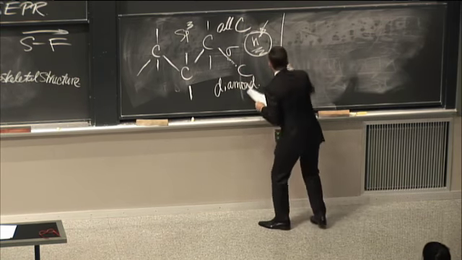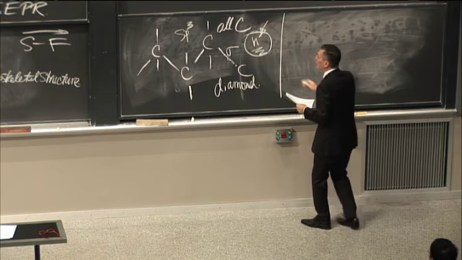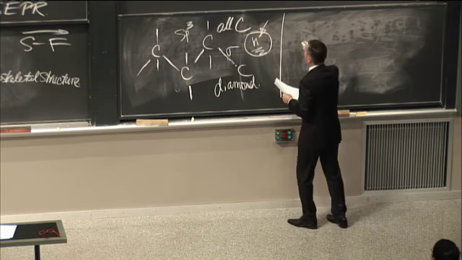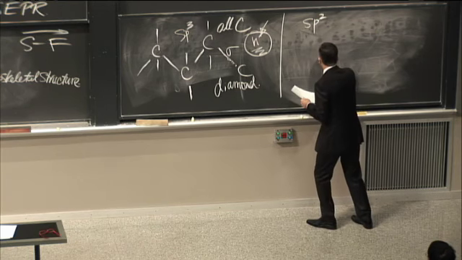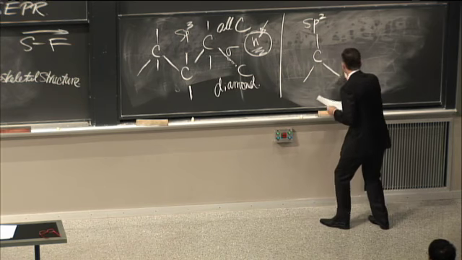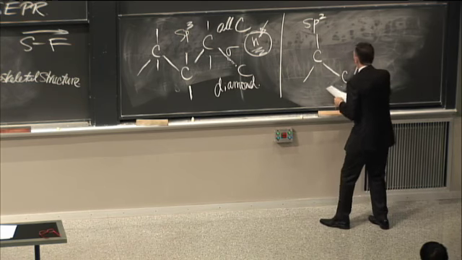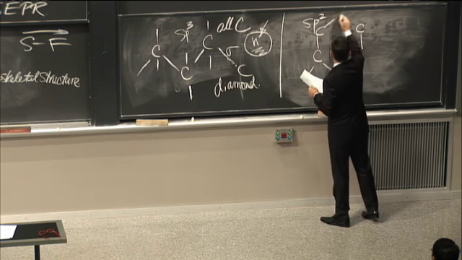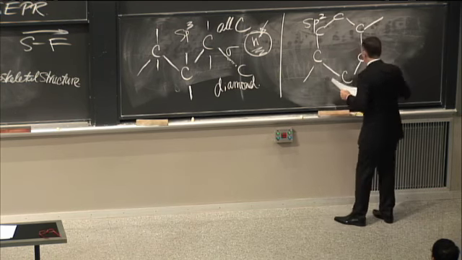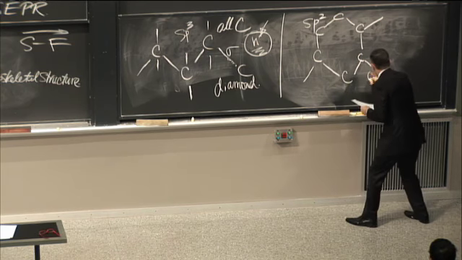But there's another way that we can bond carbon. We can make sp2 hybrids. So if we make sp2 hybrids, that now looks like this. The carbons lie in the plane at 120 degrees, which means we're going to end up with something that looks like this, et cetera. And this is graphite.